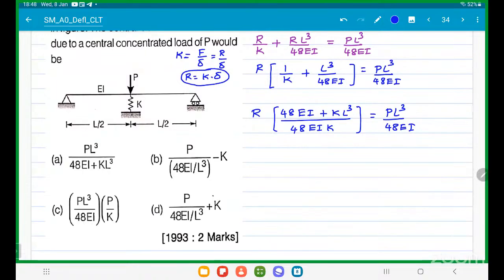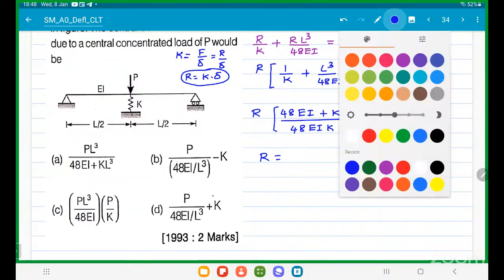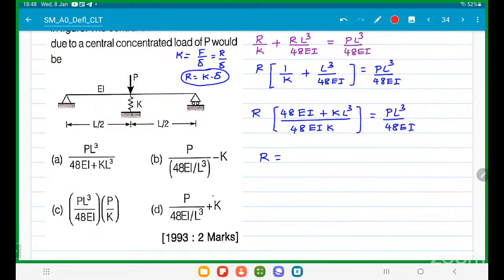Now what is R? What are the things we can cancel? 48 EI cancel. Now see the remaining things. R is equal to K P L cube by (48 EI plus K L cube).